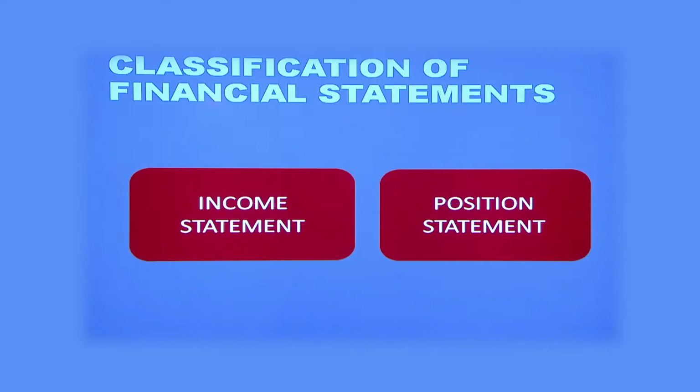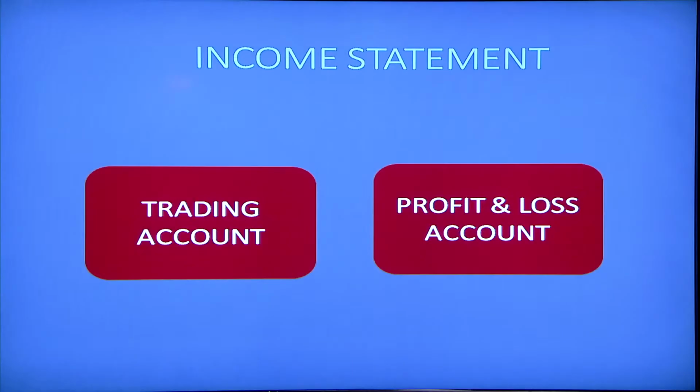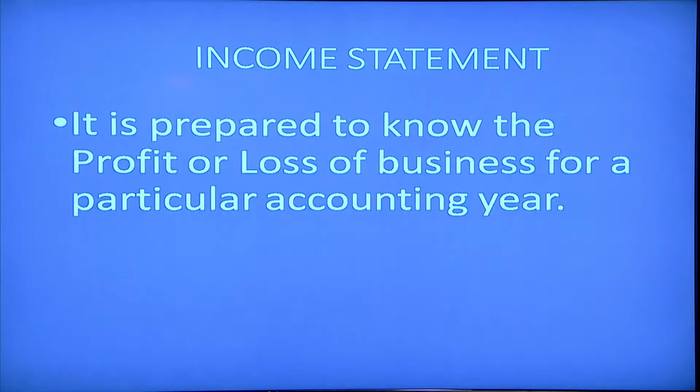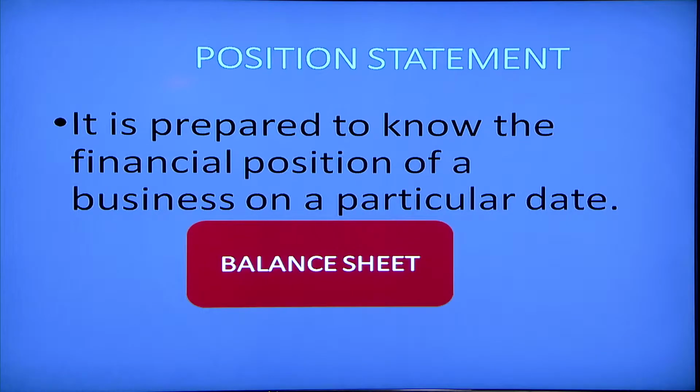Income statement is prepared to know the profit or loss of a business for a particular accounting year, and position statement is prepared to know the financial position of a business on a particular date. So, income statement is trading and profit and loss account. Position statement is balance sheet.